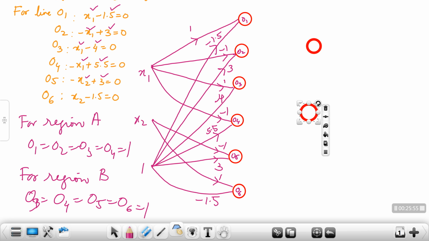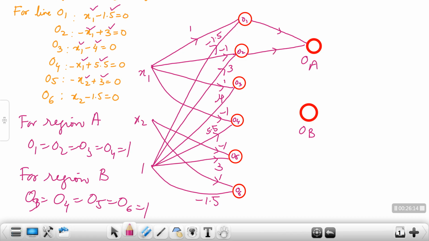Okay, and which ones will I connect here? This is for region A and this is for region B. So I can name them OA and OB. For the first one, I have to connect O1, O2, O3 and O4. And what gate should it be? It should be an AND gate.